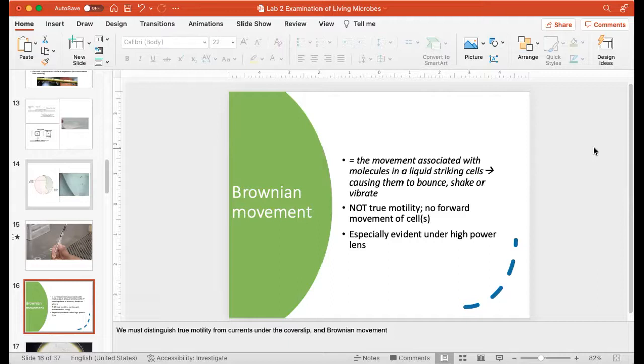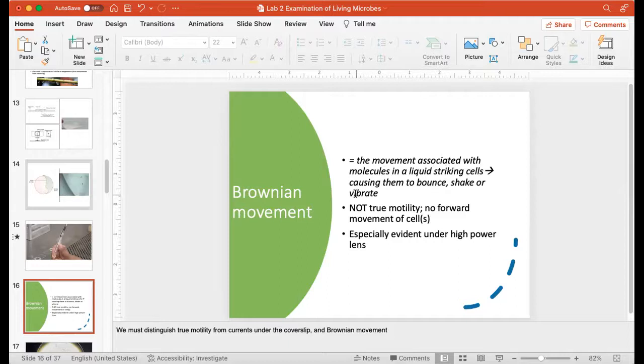Brownian motion or Brownian movement is the movement that's associated with molecules that are in a liquid striking the cells that are in that liquid and causing them to bounce or shake or vibrate. In other words, in that liquid, there are going to be molecules that are too small for us to see.